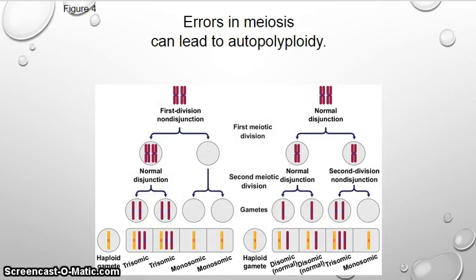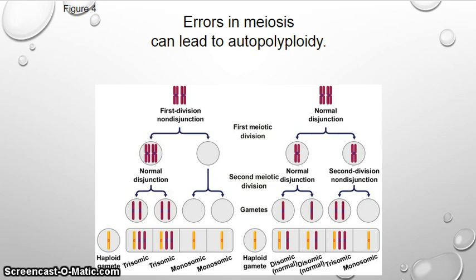So let's take a closer look at the errors in meiosis that can lead to autopolyploidy. On the left side here, we see that we have the first division, and there's non-disjunction. So as we go into meiosis 2, we're continuing to produce gametes that have more than one set of genetic information.